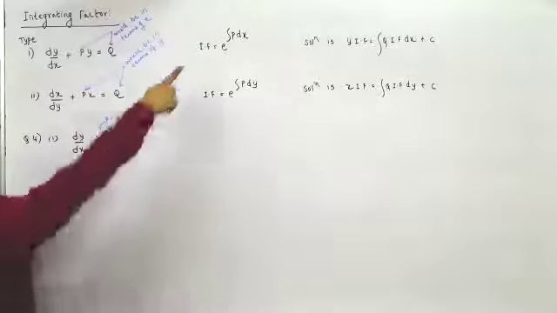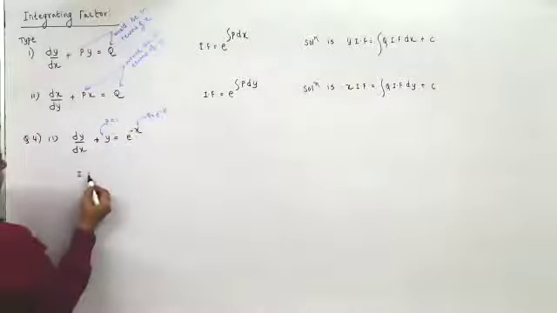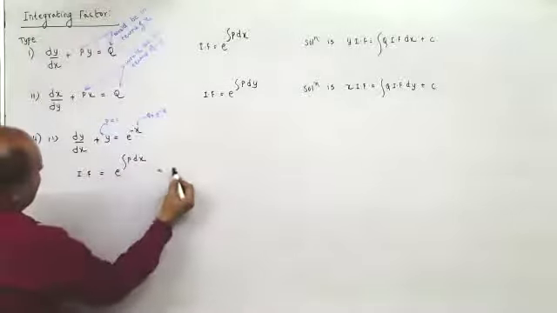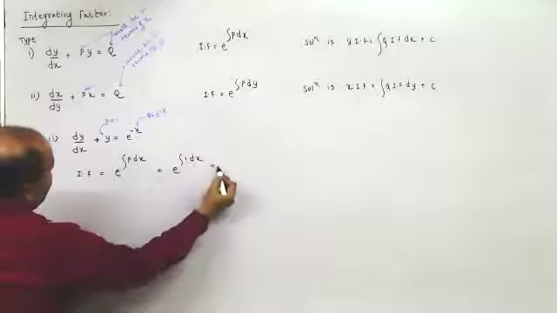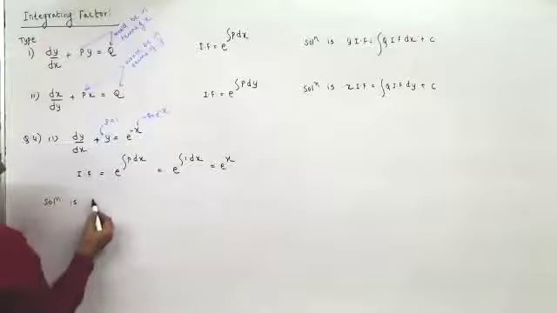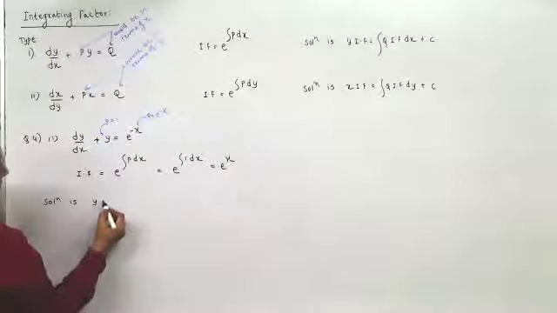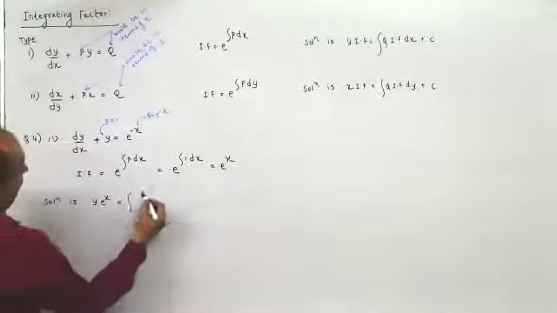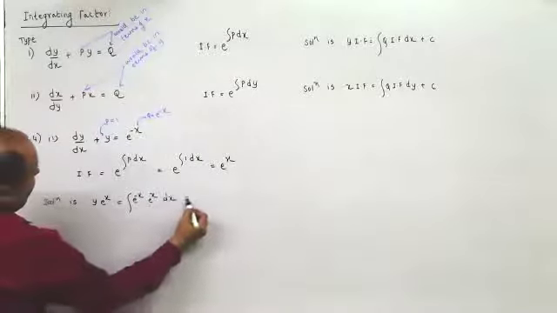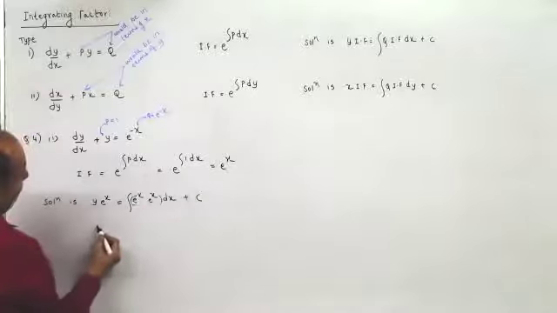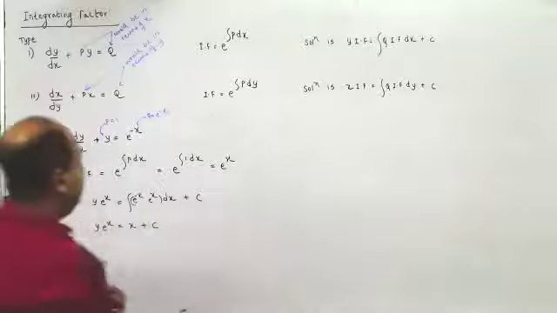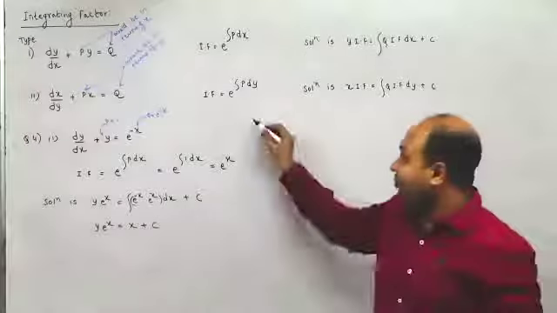Now, in such a case, what is the integration factor? It is e raised to the integral of p dx. So it is e raised to the integral of 1 dx. It is e raised to x. Now, what is the solution? It is y into IF. So y into e raised to x equal to the integral of q, that is e raised to minus x, into IF, into dx plus c. Now this would give me 1. So y e raised to x is the integral of 1 dx, x plus c. This is the answer for the first part.